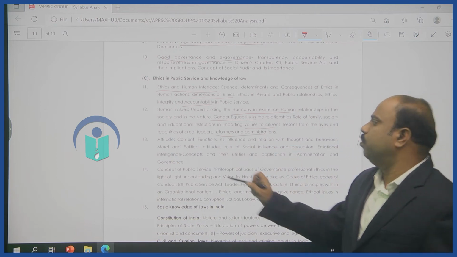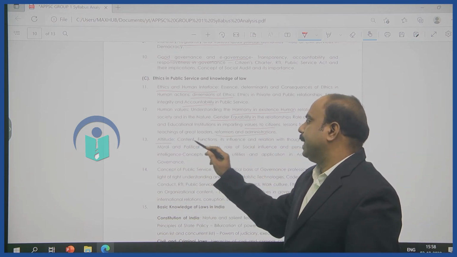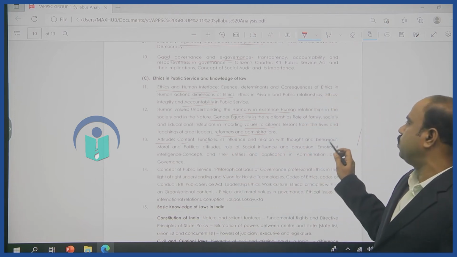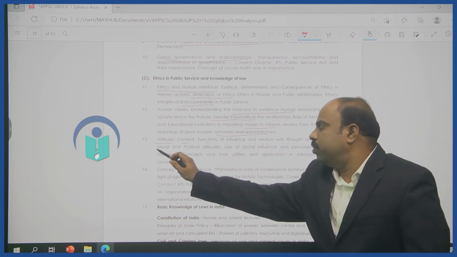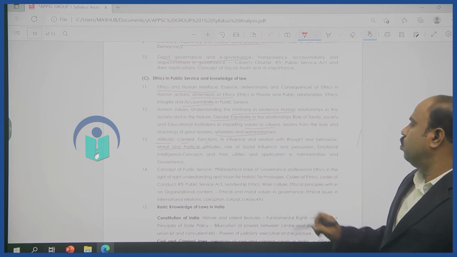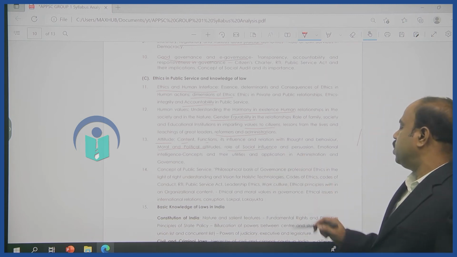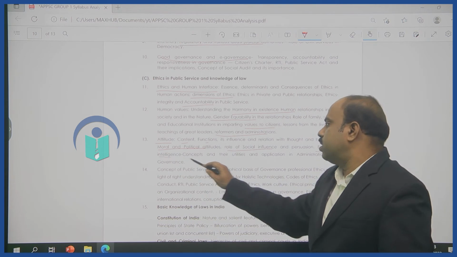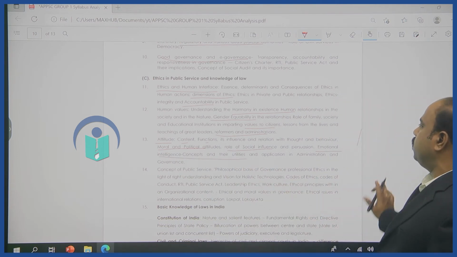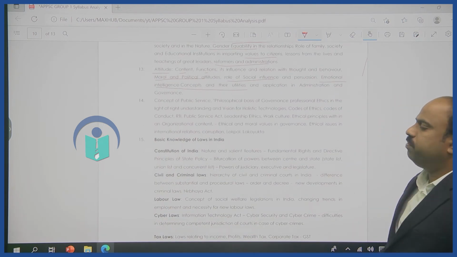Then about attitude: content, functions and influence, and relations with thought and behavior, moral and political attitudes. So role of social influence, emotional intelligence, concepts and their utilities, applications in administration and governance. Concept of public services.